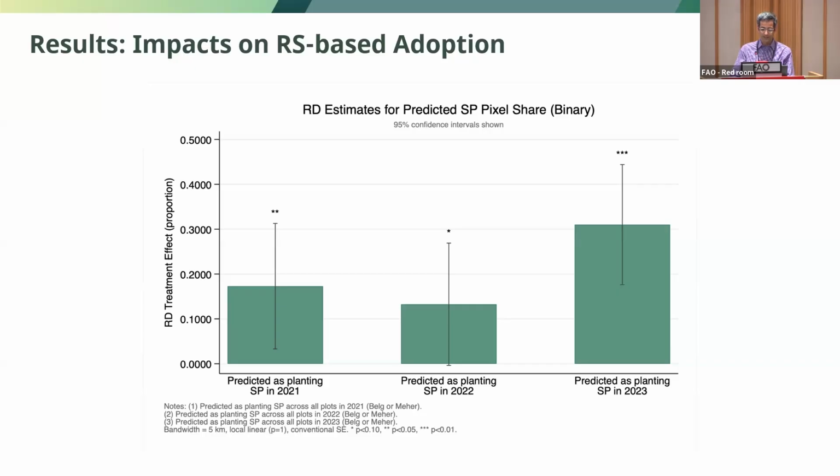And as you remember, Kathy referenced, we had a 17% impact from the ground data estimated for OFSP at this time for that 2023 season. We see a larger effect on any sweet potato at all when we do this. In this rightmost graph, that's about a 30% increase in whether a plot is planted with sweet potato at all.